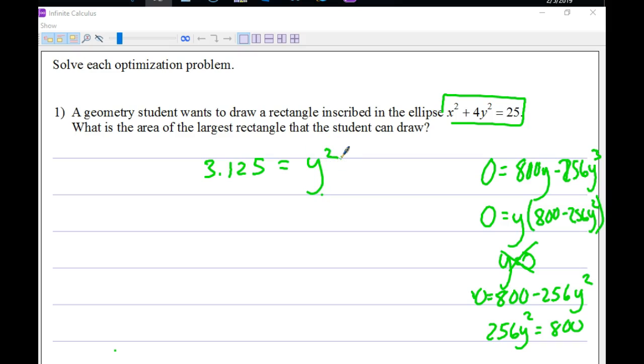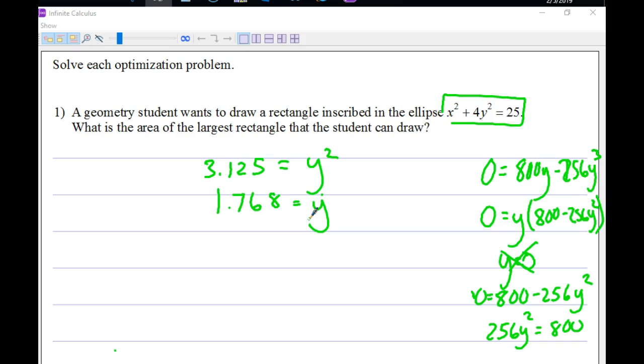And then if I square root that, I get 1.76. I guess I'll round it up to 1.8. And there's our y value.